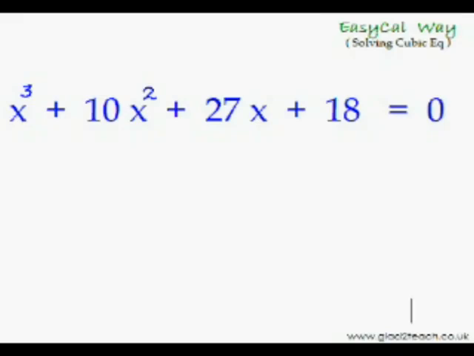The factors of 18 are 1, 2, 3, 6, 9 and 18. Now once again, since this equation has all the plus signs, therefore we need to select three factors out of these factors whose sum is 10.